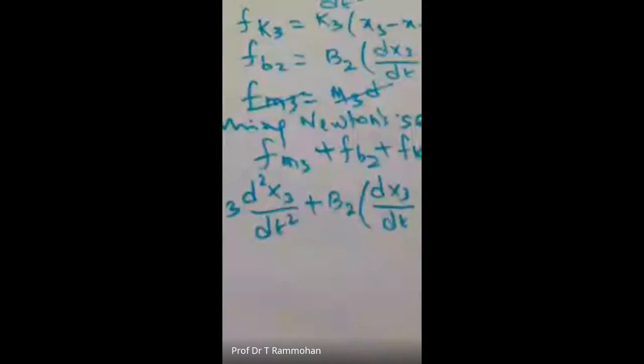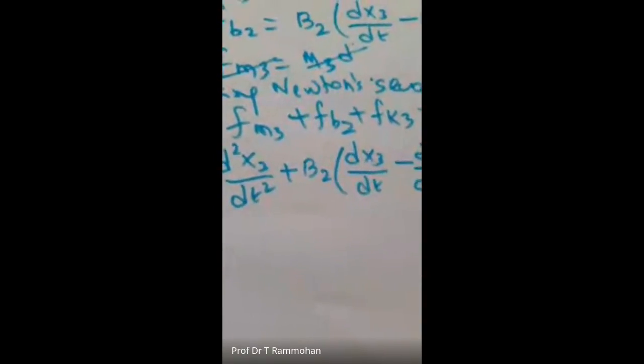So this is the mathematical model of the system. You need to write 3 equations, and combining them gives you the mathematical model of the mechanical translational system.